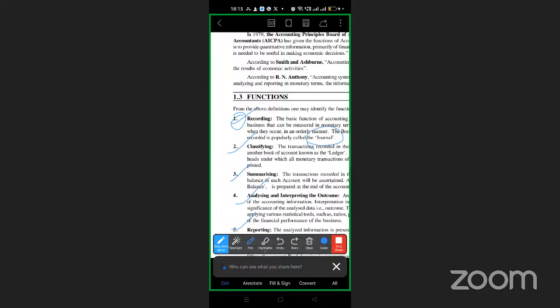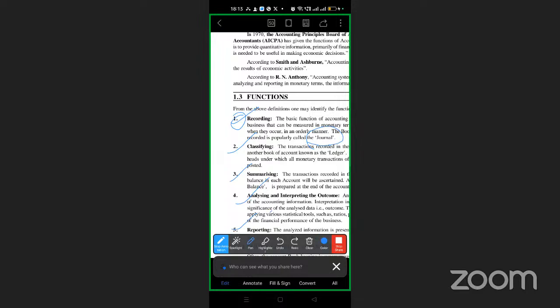Then how will I know? By classifying them, meaning separating them. How do I separate them? I separate them by preparing an account that is called a ledger. First I am recording the entries, then I am separating them based on the number of transactions with the same person, that is classifying.